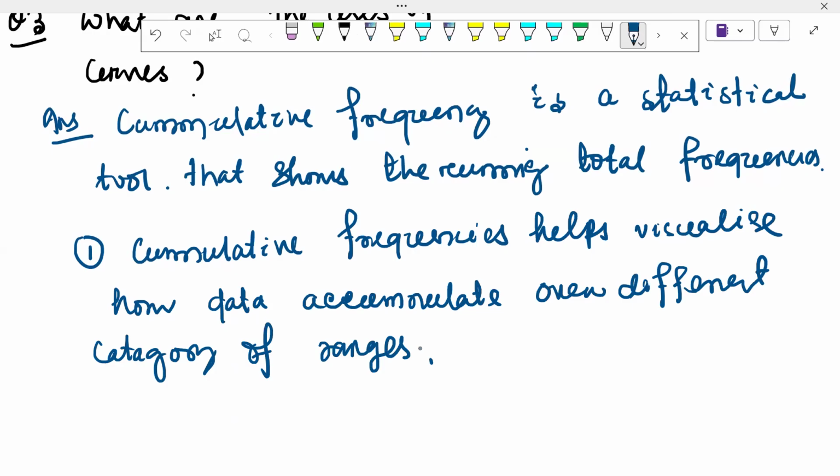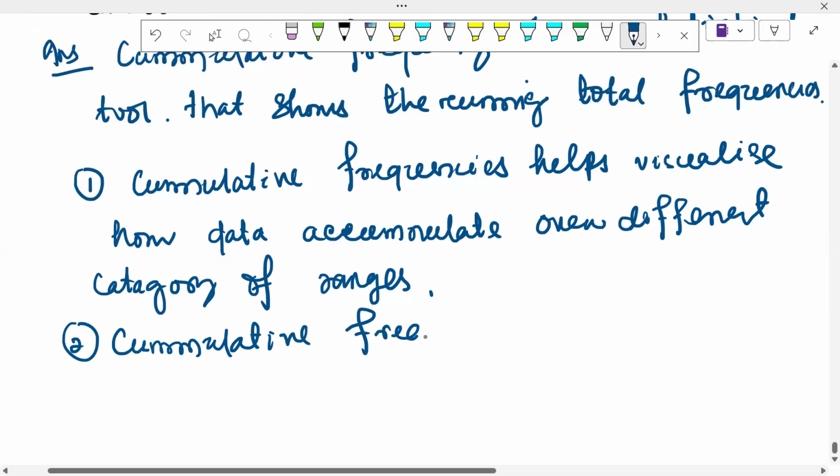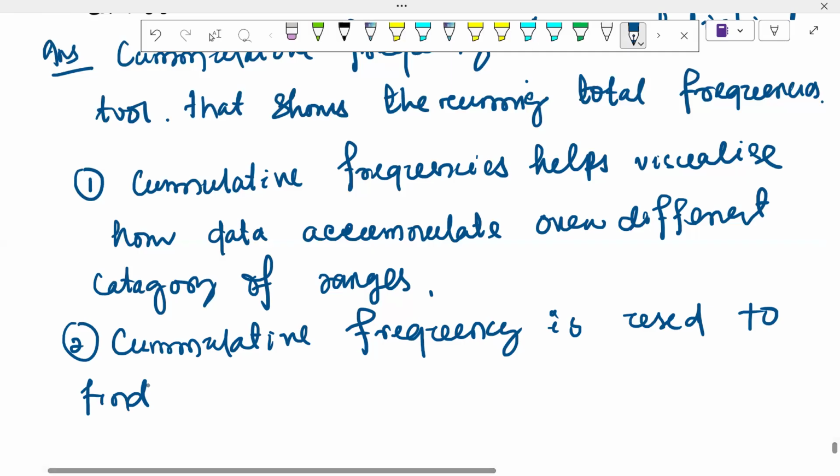Cumulative frequency is used to find the percentiles.